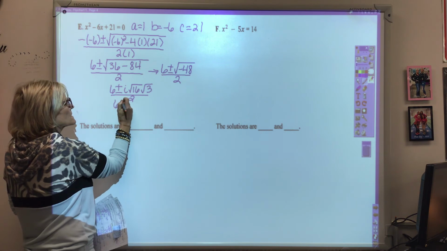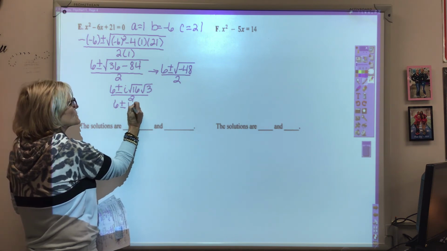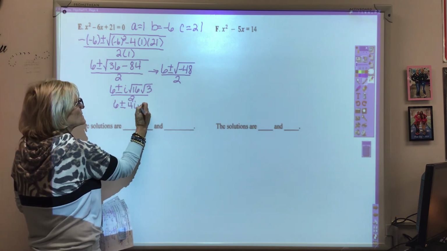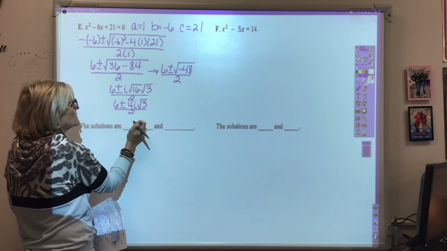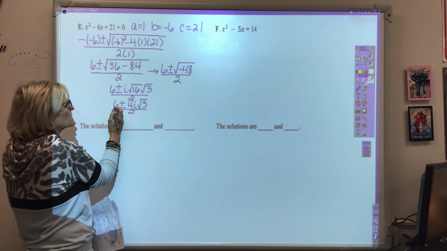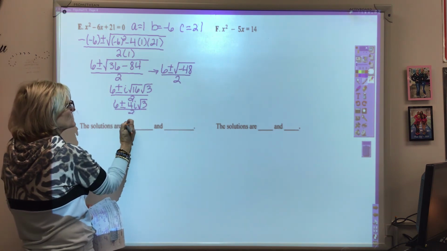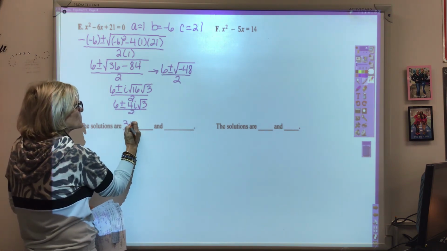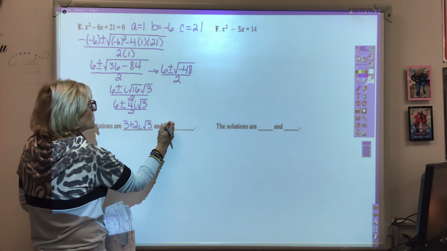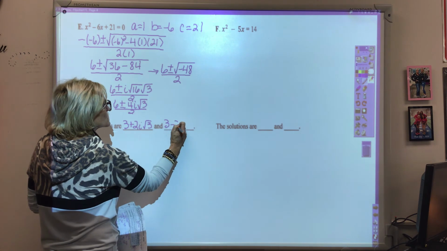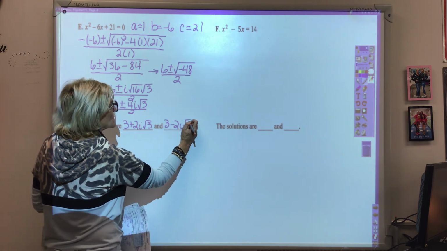So this will be 6 plus or minus 4i square root of 3 all over 2. So now we just want to divide the 6 and the 4 by 2. So we'll have 3 plus 2i square root of 3 and 3 minus 2i square root of 3.